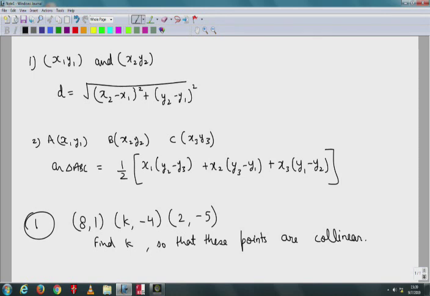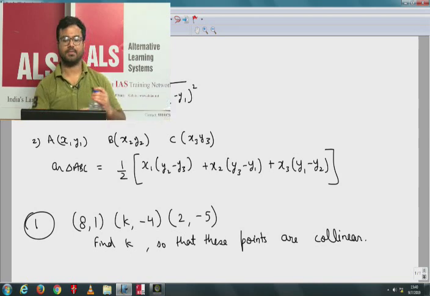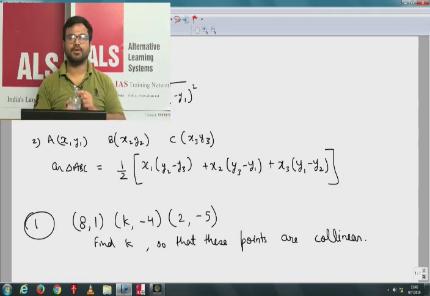You can apply this condition either to check whether the points are collinear or not, or to find an unknown value like we have to do over here. So equate the area of triangle to be equal to 0.